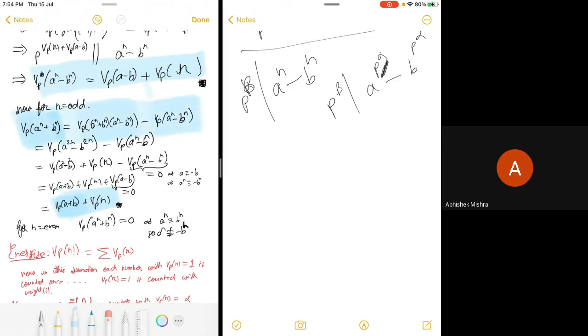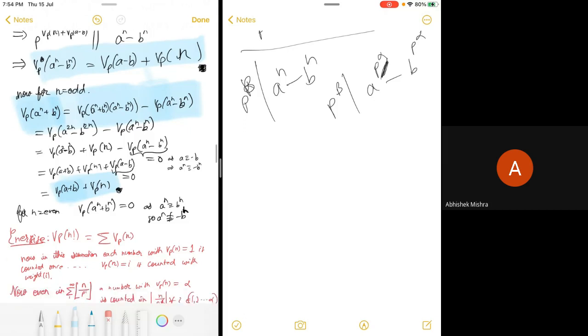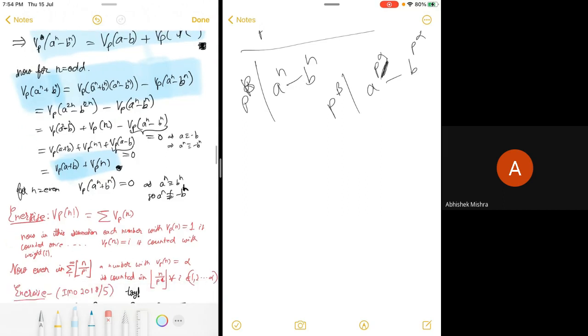This is because just using the product lemma. And now this is Vp of a to the 2n minus b to the 2n. So to calculate this, just write this as Vp of a square whole to the n minus b square whole to the n. Then we can again apply lifting the exponent lemma, because this also satisfies the conditions that a square minus b square should be divisible by this.